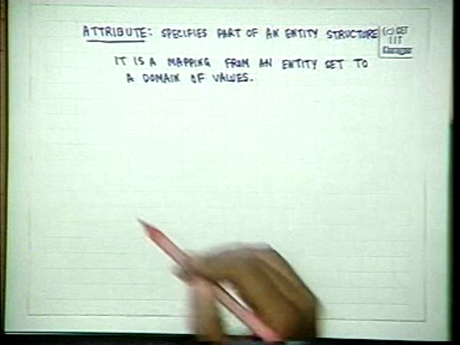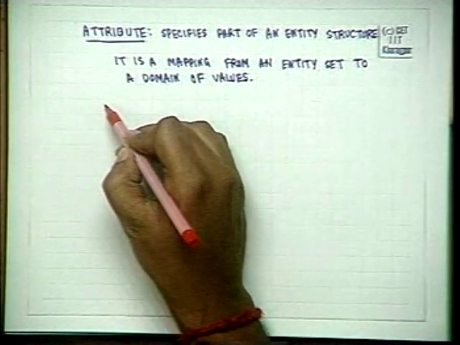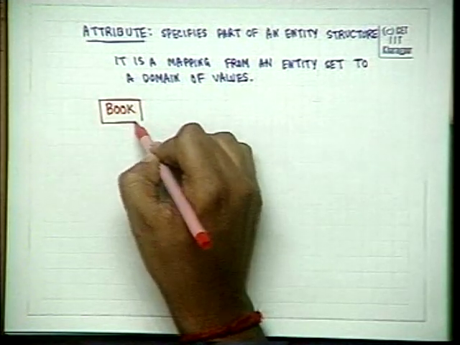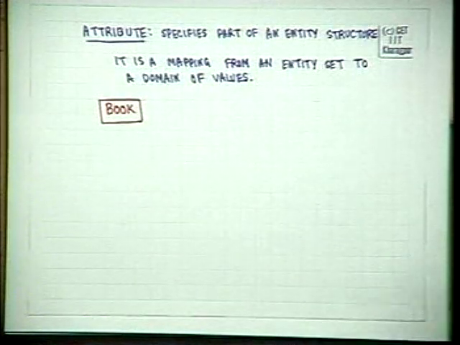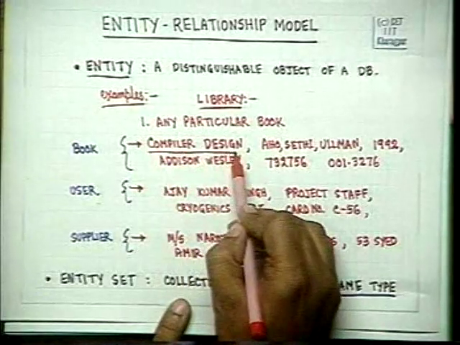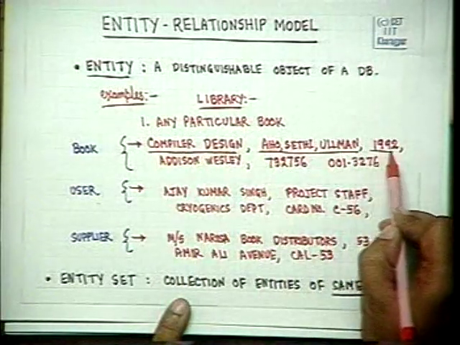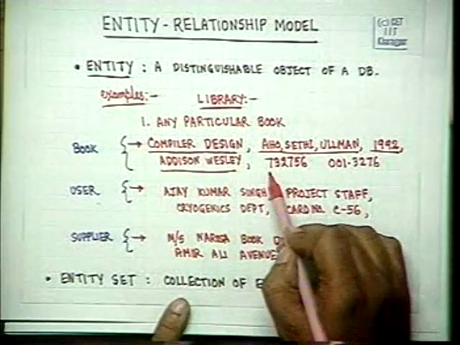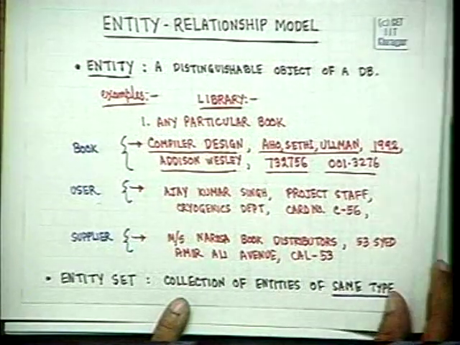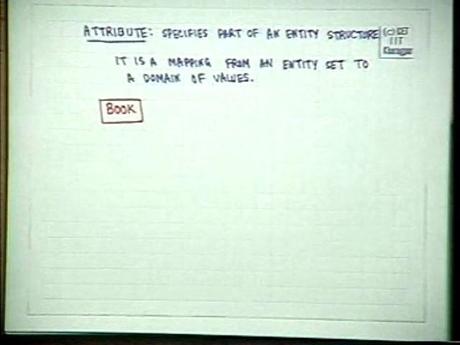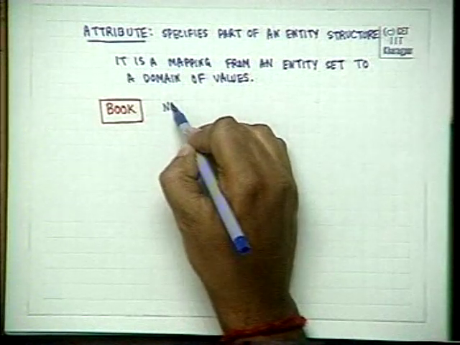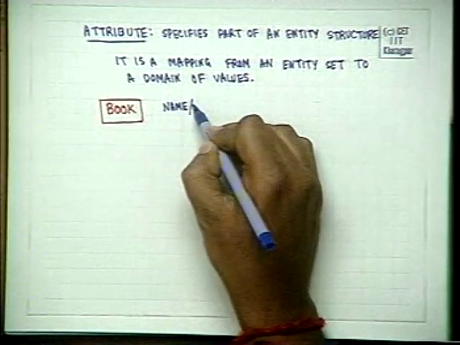Consider as an example the entity set book. It will have several attributes as we have seen. It has got name, author, year of publication, publisher, accession number, call number. Let us for the time being concentrate on these attributes. So the attributes which we may have are name or title.